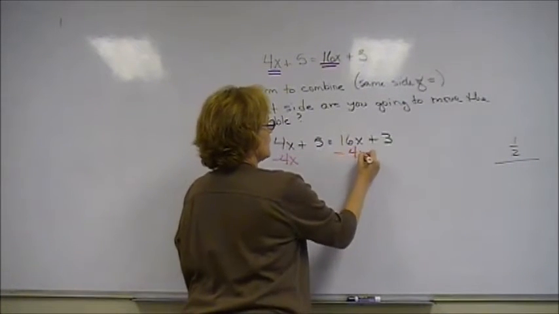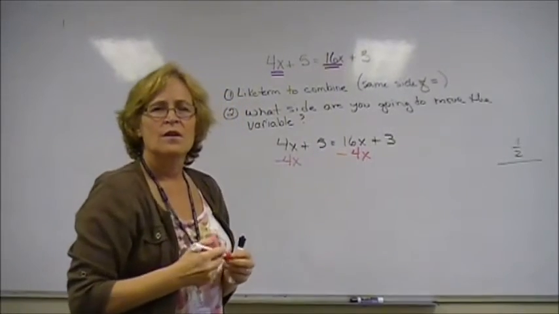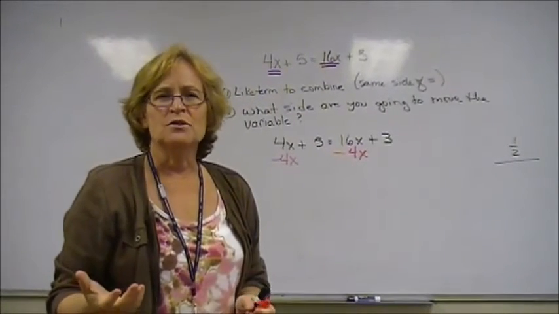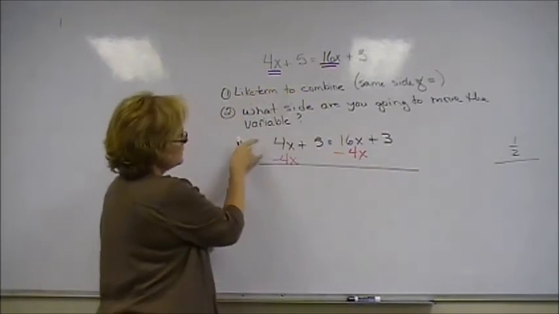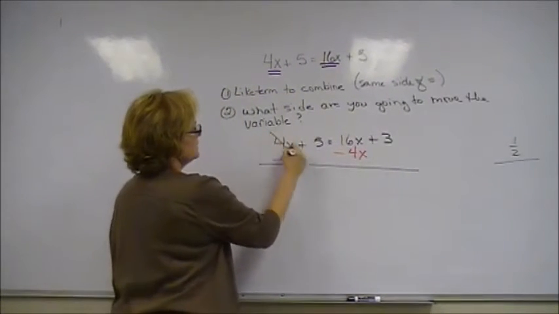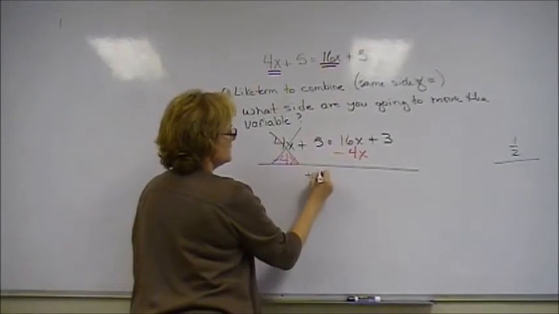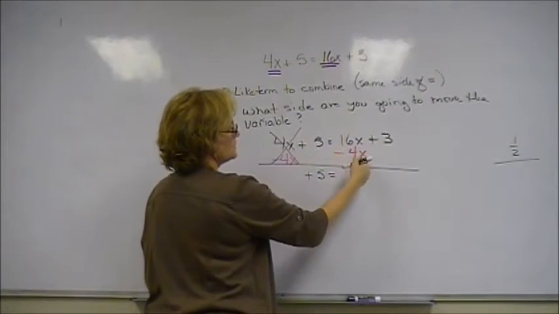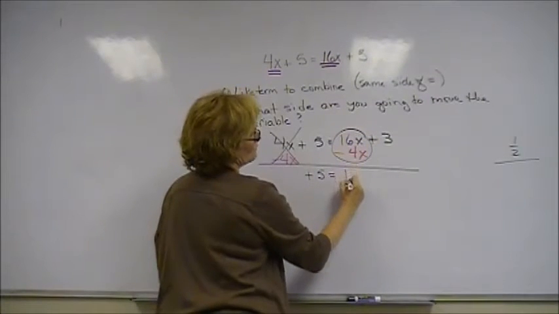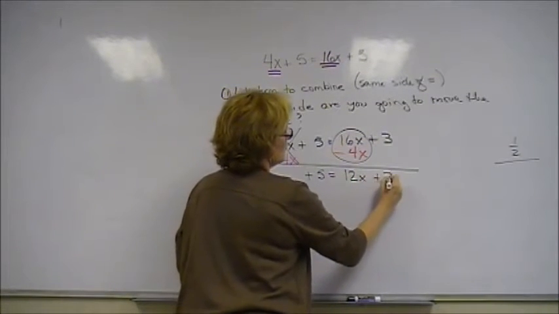Well, of course, I'm going to put it underneath the variable term. So now I'm going to combine, and that additive inverse property has those cancel out. That leaves me positive 5 and 16x minus 4x. That's combining like terms, and that makes 12x plus 3.